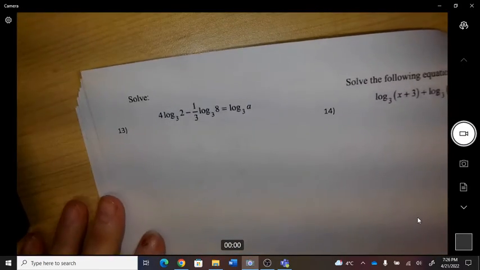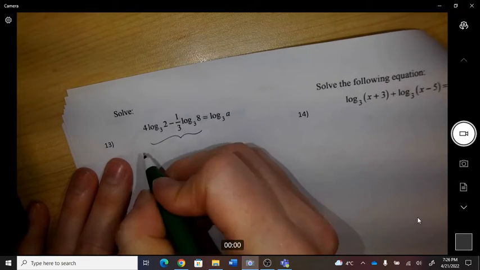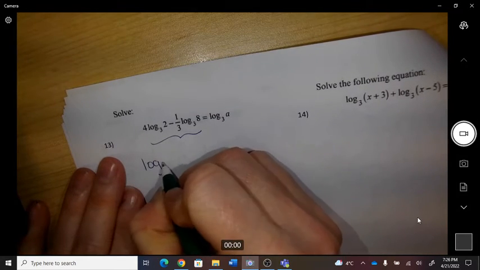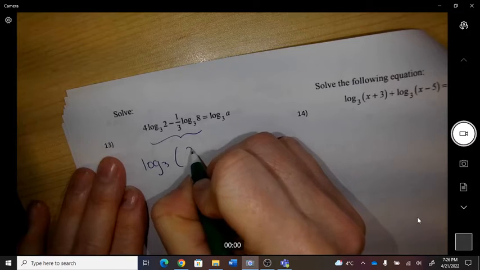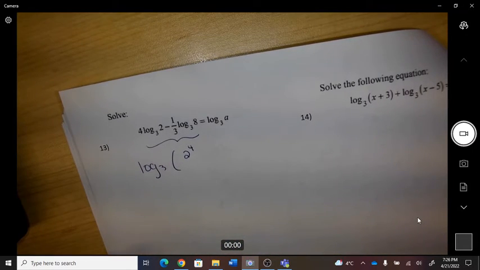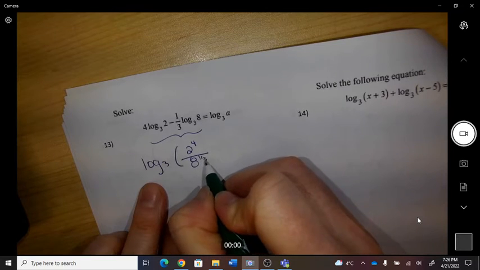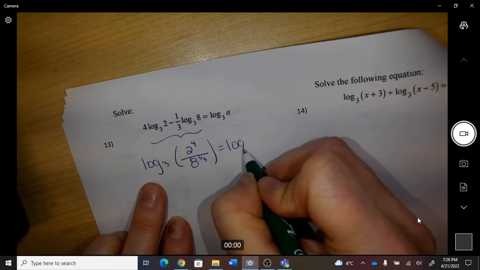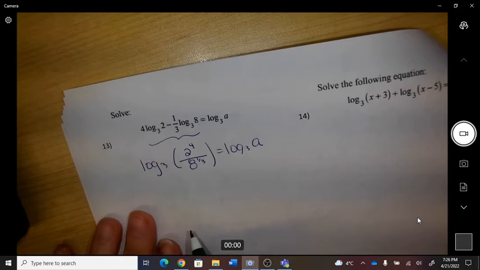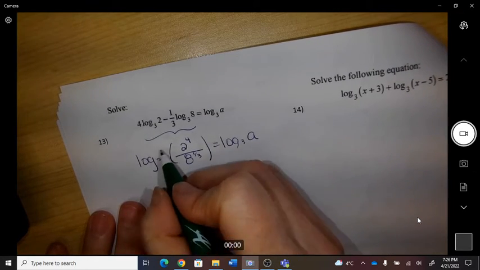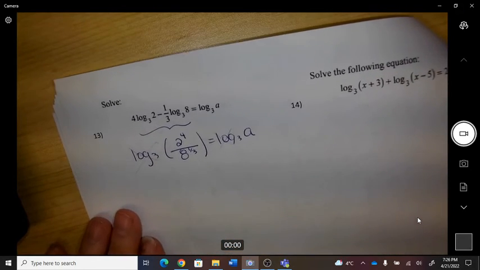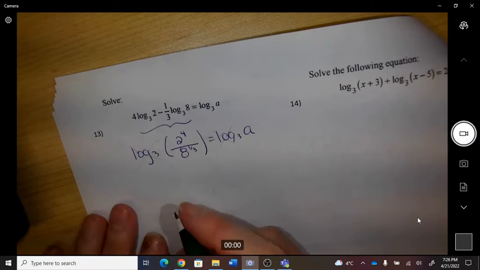Okay, solving, so I'm going to group this together. So log 3, so 2 to the 4th, and then the subtract is a divide, 8 to the 1/3. So all this equals a, so I'm going to say those are the same, so I can conclude I don't need them.